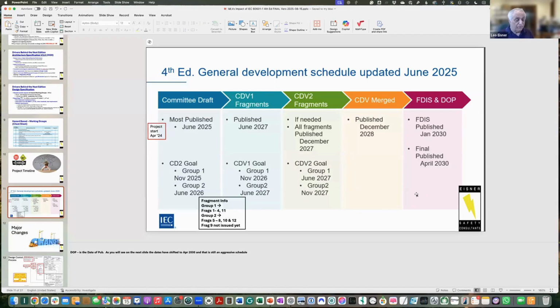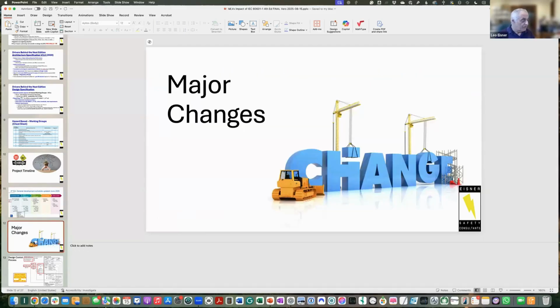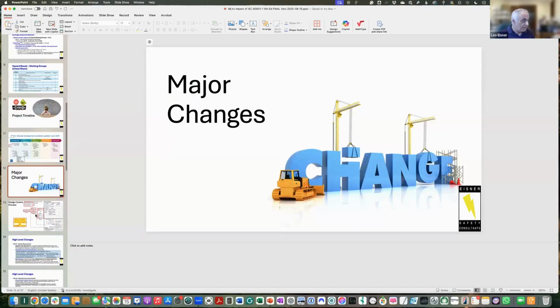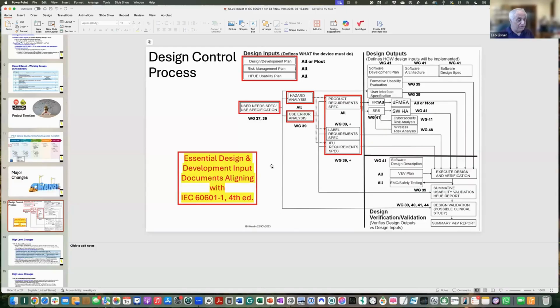So we hopefully will have it published April 2030, which is, I think, 6 months or a year slippage from the original project plan, which we updated the plan in June of this year. So that's an important date for people to be aware of, obviously. So major changes. This is a very important slide to be aware of. And I have it coded based on the working groups or that it applies to all or most working groups.